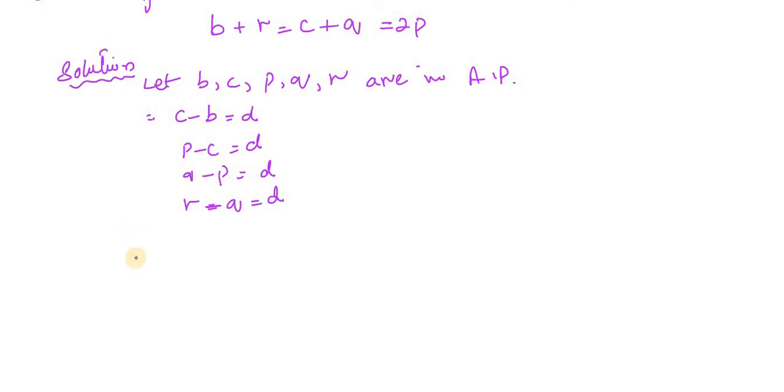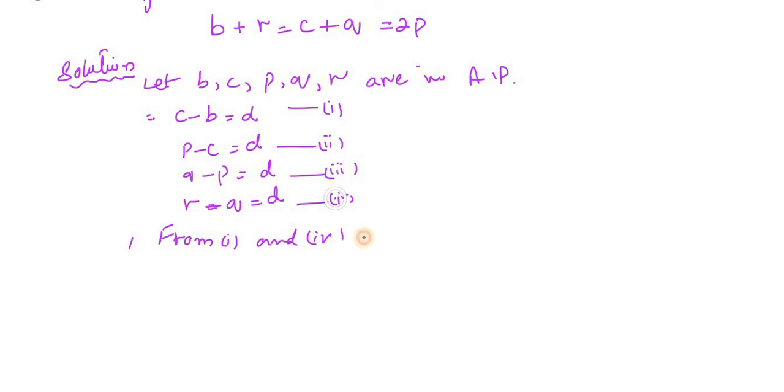So we have to prove B plus R is equal to C plus Q is equal to 2P. We say this equation 1, this equation 2, equation 3, equation 4. Okay. From 1 and 4, we have C minus B is equal to R minus Q, because the differences are the same.